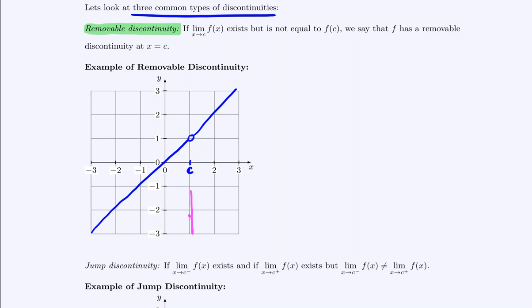Or if there is a function value, I could also have a situation where the function value is just defined to be elsewhere. What you can imagine is that point at c where it should have been based on the behavior near it was picked up and placed somewhere else or just thrown out entirely. So in this case, what is true about this function? The limit exists.